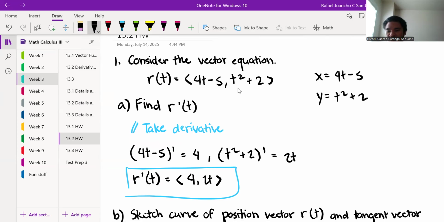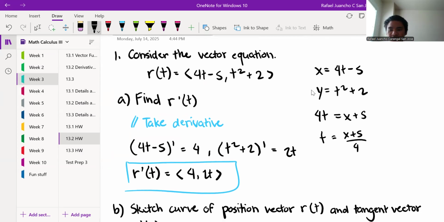So we could say, I could isolate t here, right? And then I could plug in my t, but it's x.